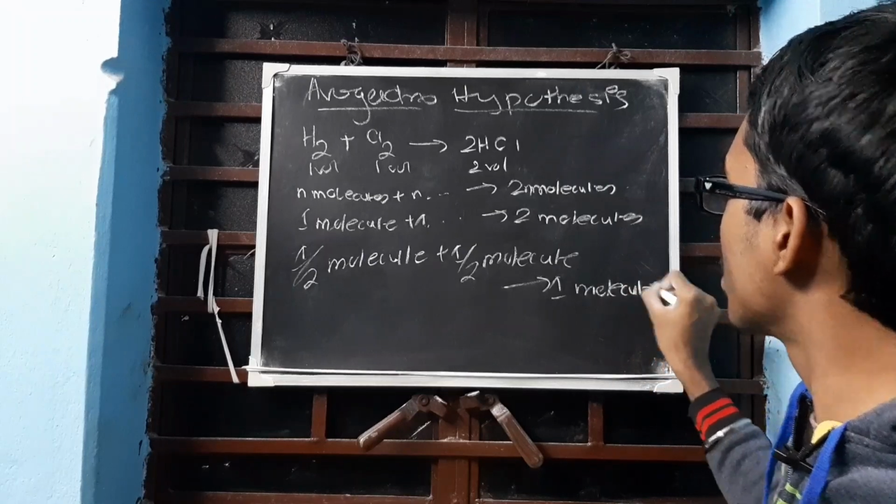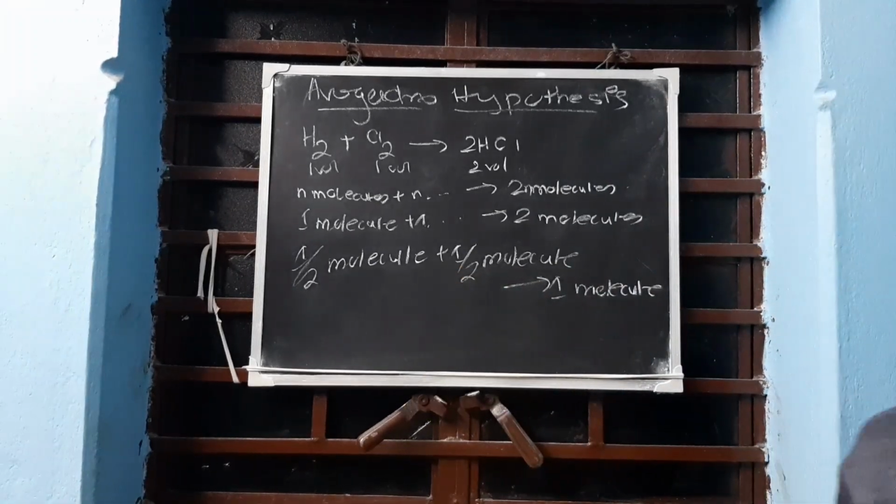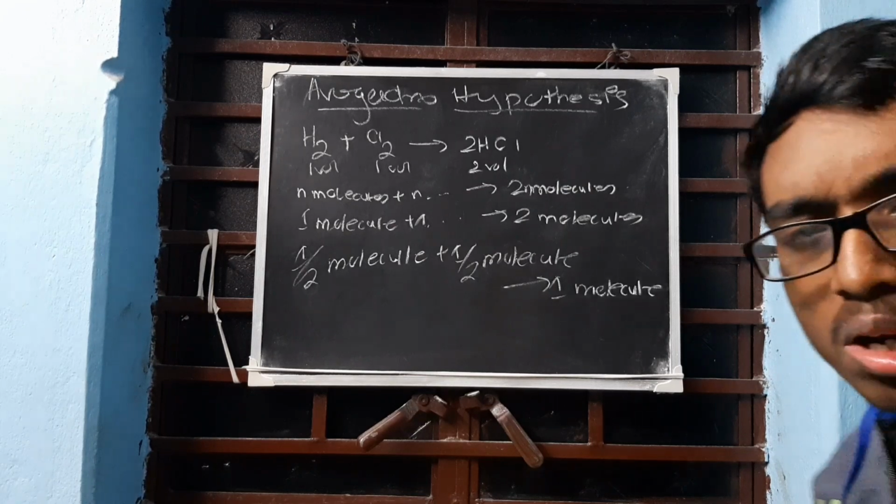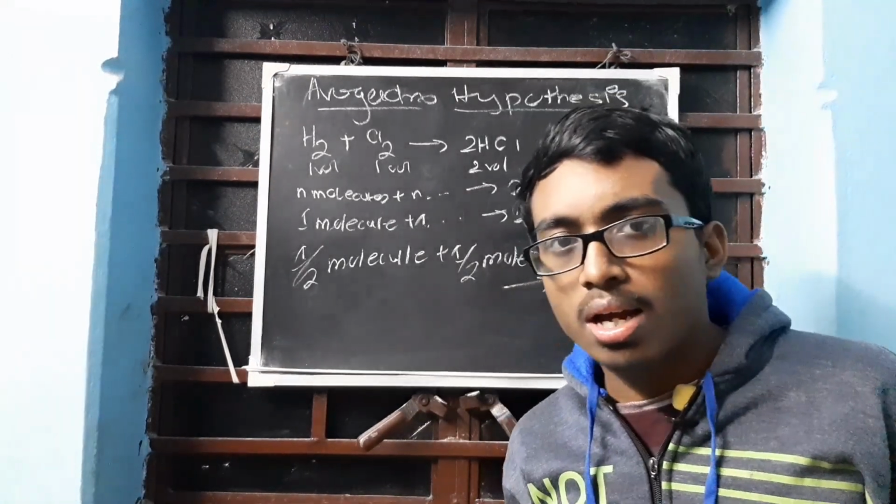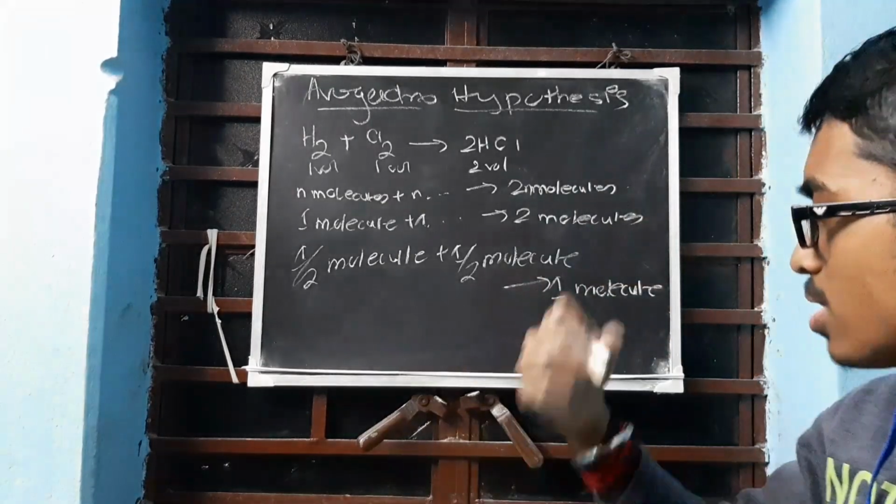So a molecule is getting divided, not the atom. So atom is still the unit of chemical reaction. Now from Avogadro hypothesis, you can get out the molecular formula, the atomicity. Clear? What is atomicity? Number of atoms present in one molecule of the compound or element or a substance rather.